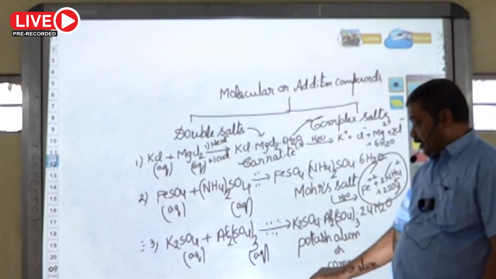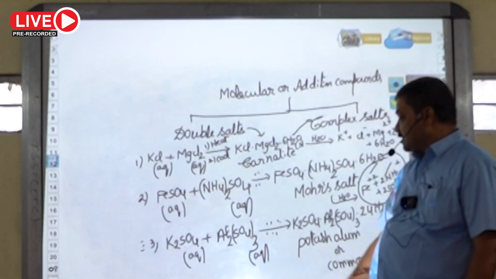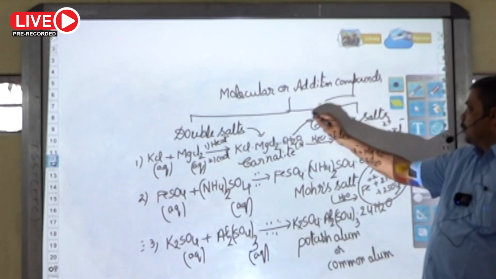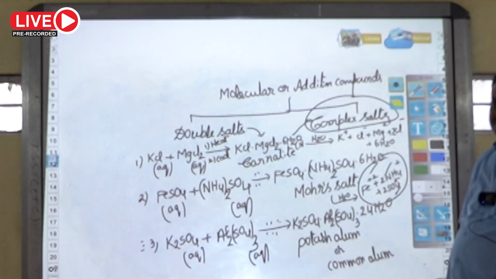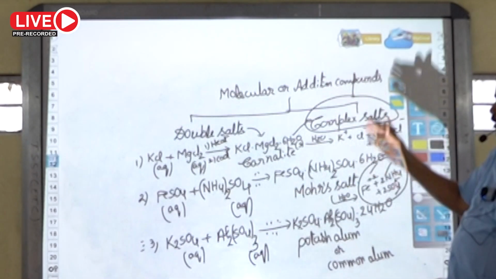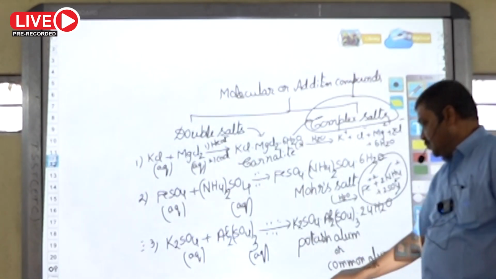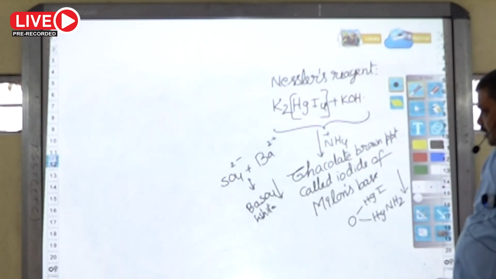So we give tests for the individual ions. Now what about the second part here? Complex salts. These also come under the same heading, molecular or addition compounds. So we are coming to the complex salts.